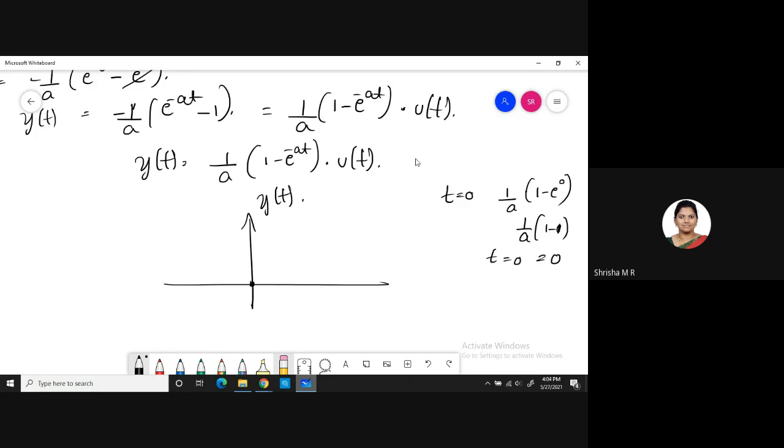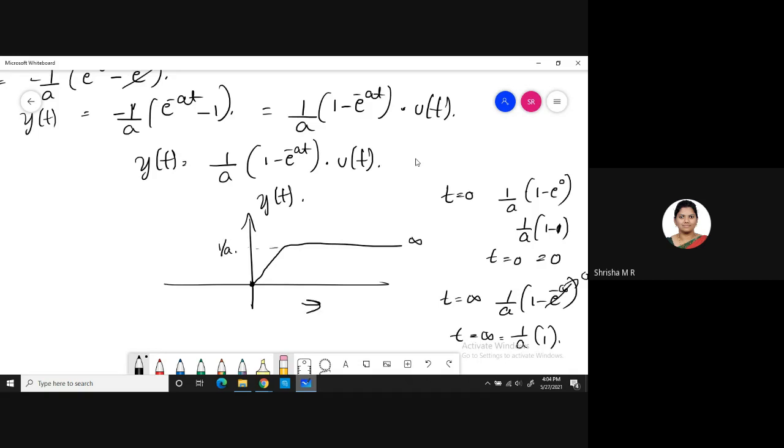And you can evaluate at t equal to infinity. e power minus infinity is 0, so you have 1 by a into 1 minus 0, which is 1 by a. So at infinity, your signal will be equal to 1 by a.